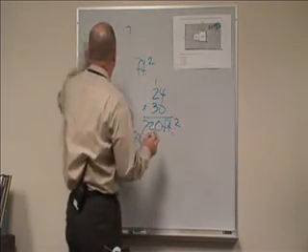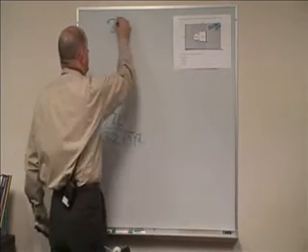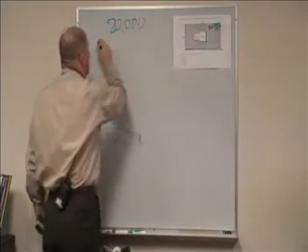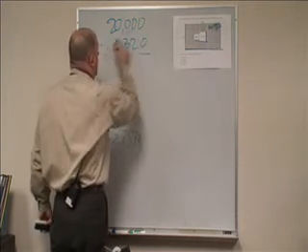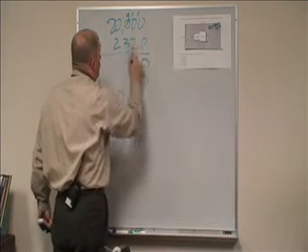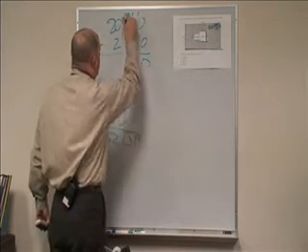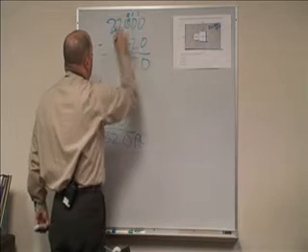So now I've got to subtract that from 20,000. 20,000 minus 2,320.